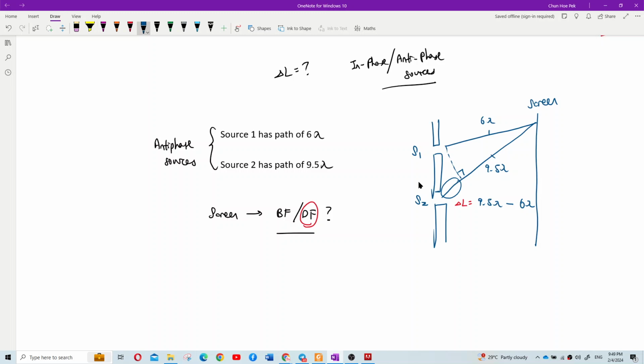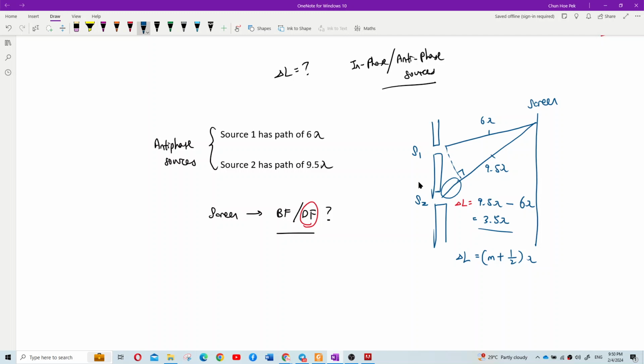What do you get, class? 3.5 lambda. Good. So this delta L is in the form of what formula?